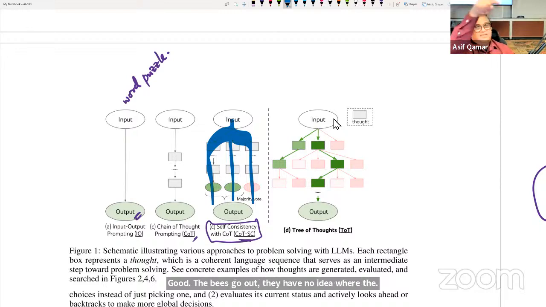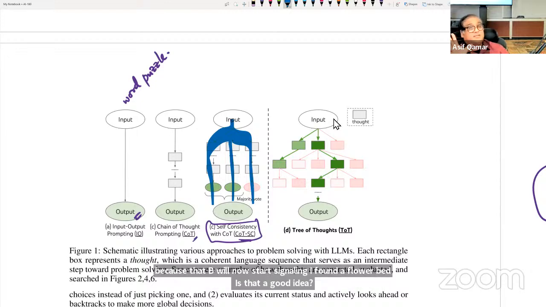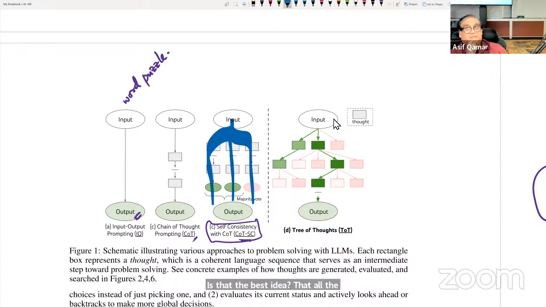So one bee is buzzing around and hits upon a flower bed, or seems to be sensing that there's a flower bed there and pursues that direction. Do you think all the bees should just go straight to that? Because that bee will now start signaling, I found a flower bed. Is that a good idea? Is that the best idea, that the entire bee colony should go to that flower bed? Why is that not a good idea?